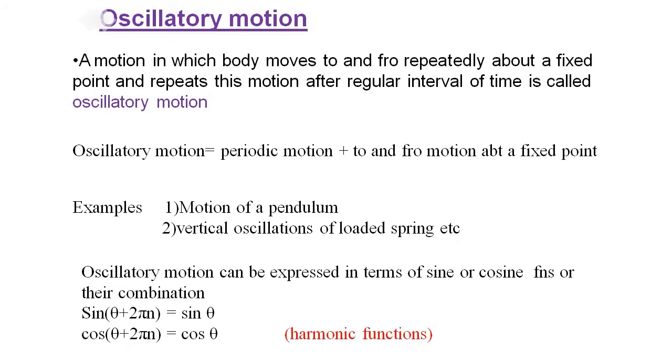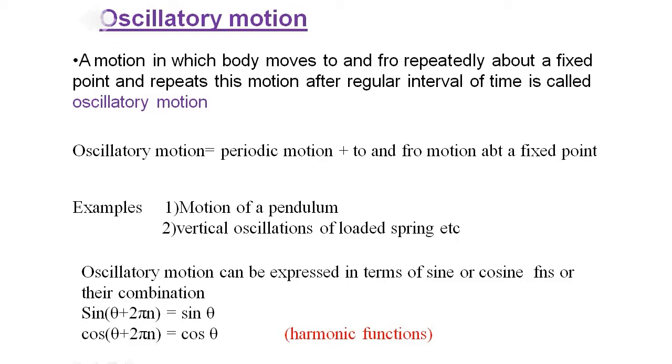So oscillatory motions can be expressed in terms of sine or cosine functions or their combination. The simplest form is the sine function, because sin(θ + 2πn) = sin θ and cos(θ + 2πn) = cos θ. Such functions are called simple harmonic.